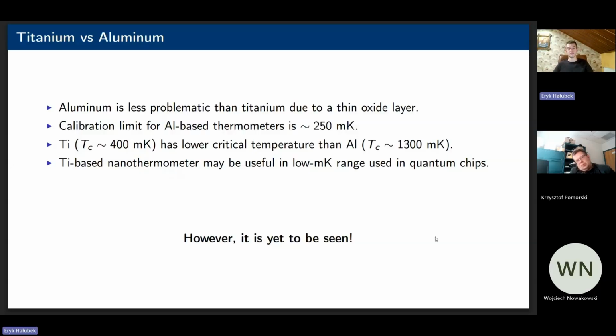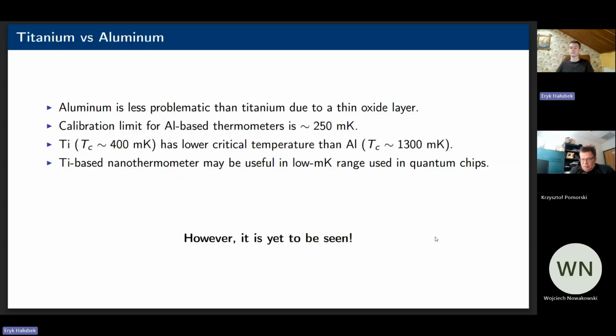We have not measured a titanium-made nanothermometer yet, because now we have trouble with oxidization of these structures, and we are trying to tackle this problem now by making our vacuum better.